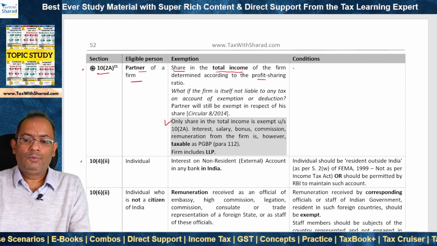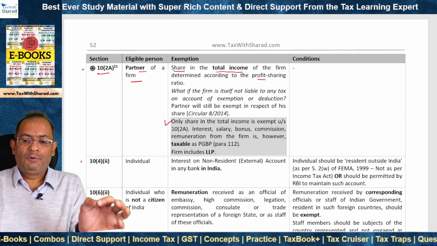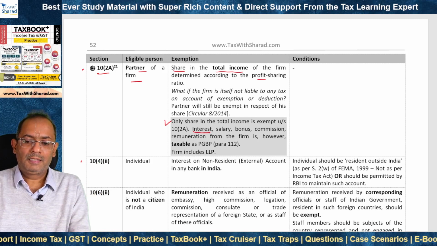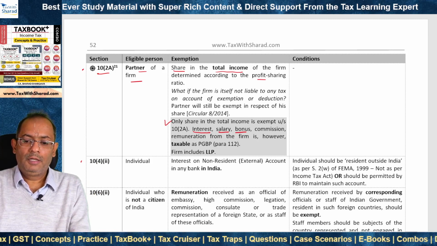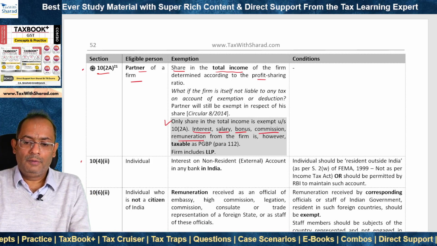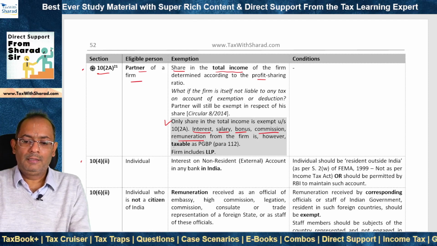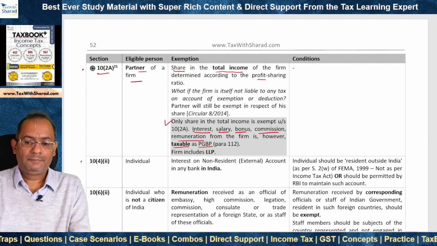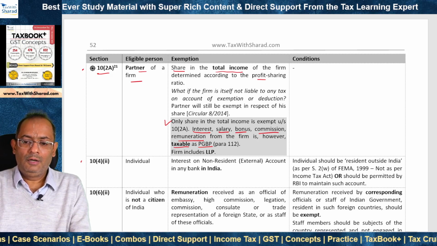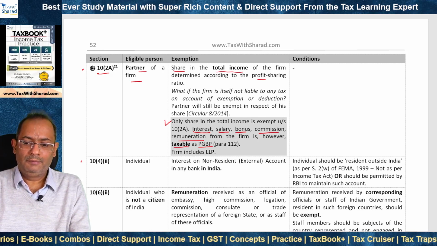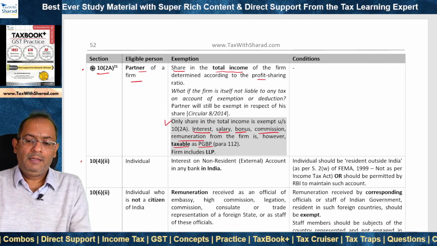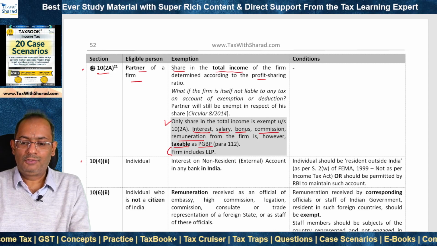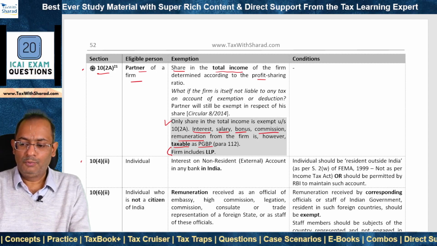But we need to note that exemption is provided only in respect of share in the total income. As far as interest, salary, bonus, commission, remuneration from the firm is concerned, it is taxable in the hands of the partner under the head PGBP to the extent it is allowed in the hands of the firm as a deduction. And as we know that firm includes an LLP, so this exemption applies to a partner of an LLP as well.